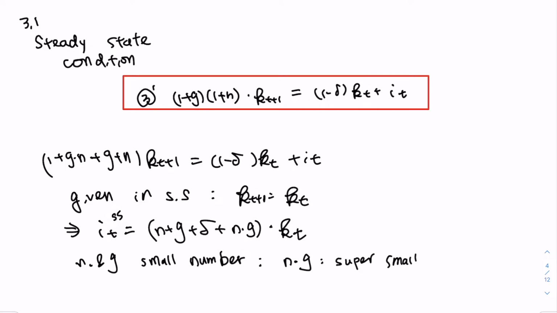Given that n and g are relatively small numbers, for example 5%, 2%, 1%, we know n multiplied by g will be a super small number.